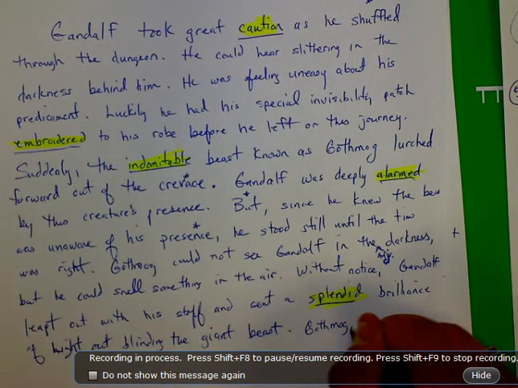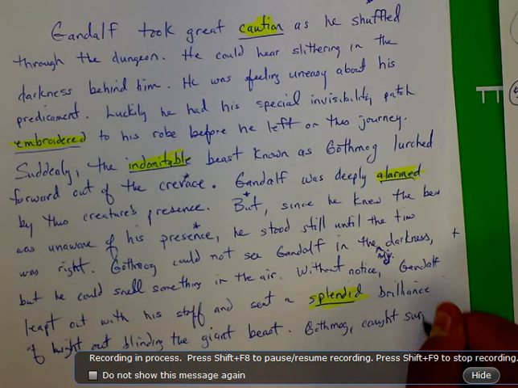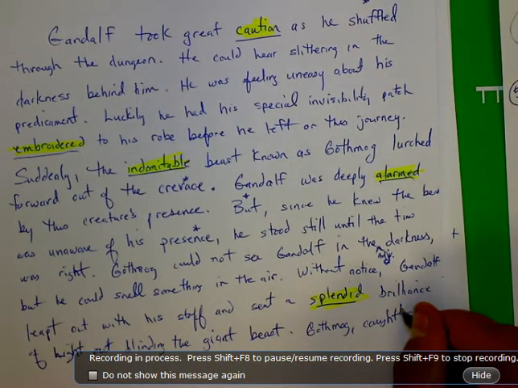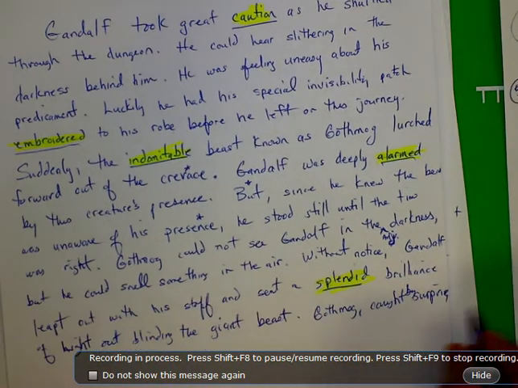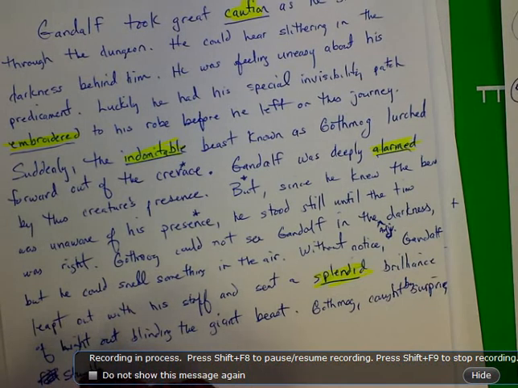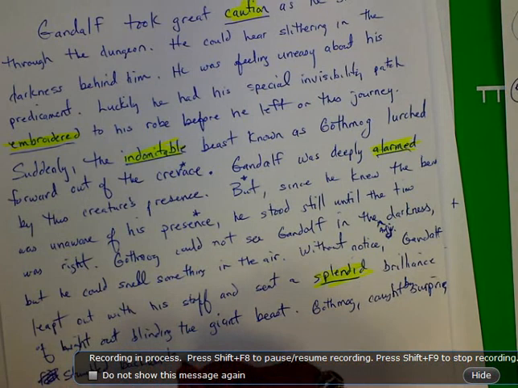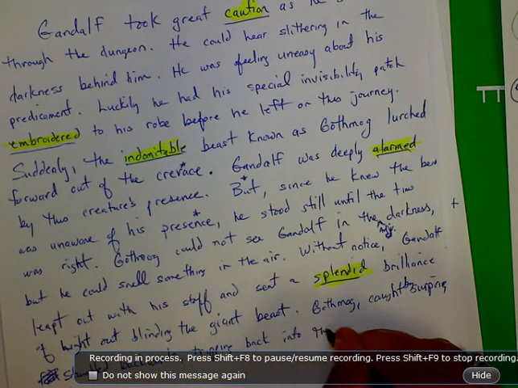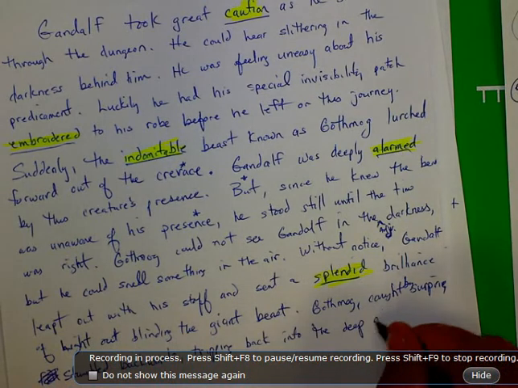Gothmog, caught by surprise, running out of room, caught by surprise, fell, nope, stumbled backwards, tripping back into the deep abyss.